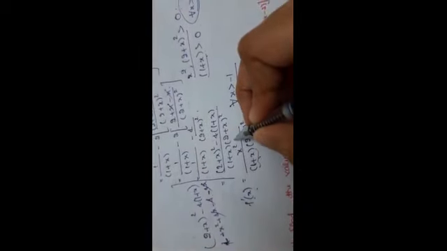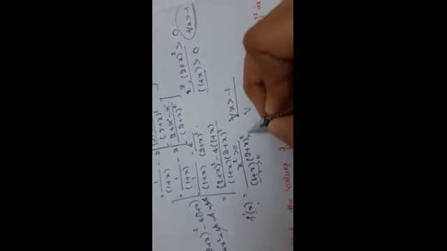So now what happens here? Being perfect squares, these are greater than 0. Since the domain is defined for x greater than minus 1, even this term is also greater than 0. Now you can see our f dash of x, this one is greater than 0, this one is greater than 0, even this one is greater than 0.